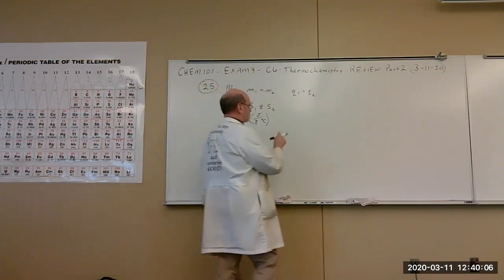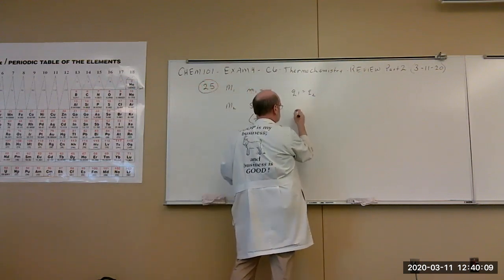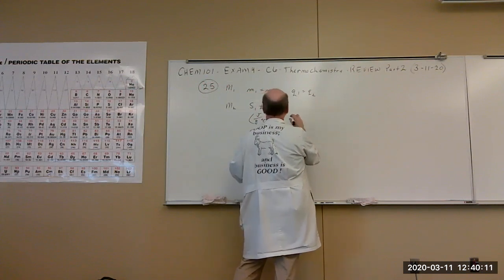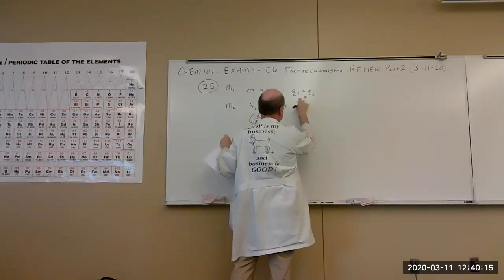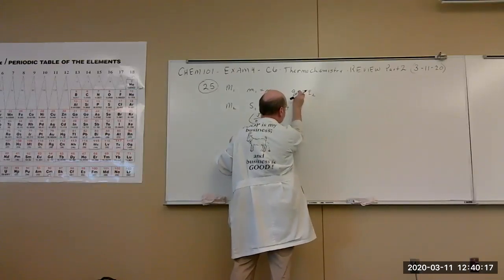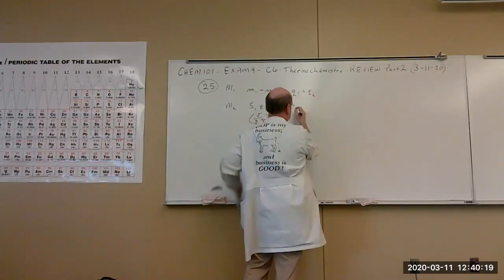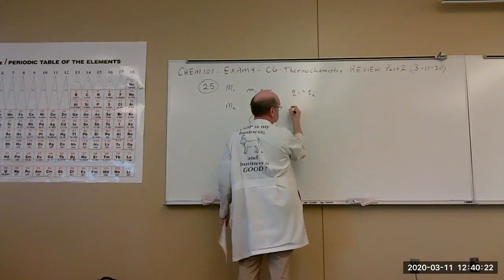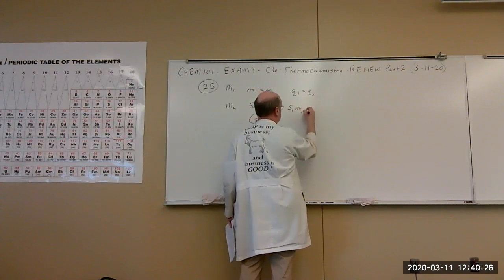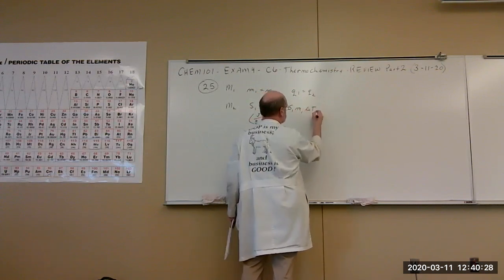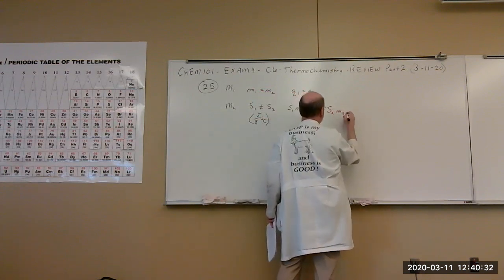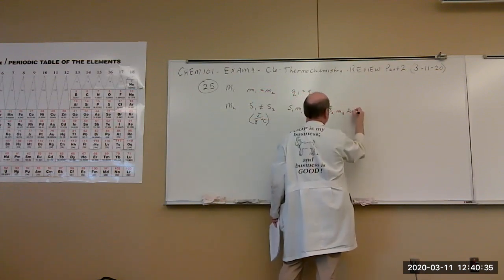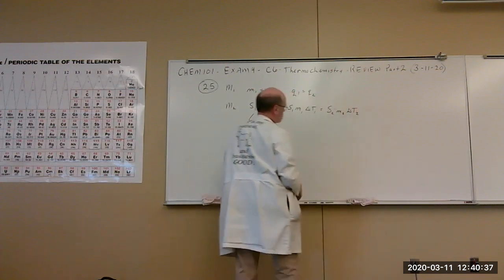So if these two Q's are equal, that means that if we expand these terms, this one equals S1, M1, and delta T1, and this one S2, M2, and delta T2.